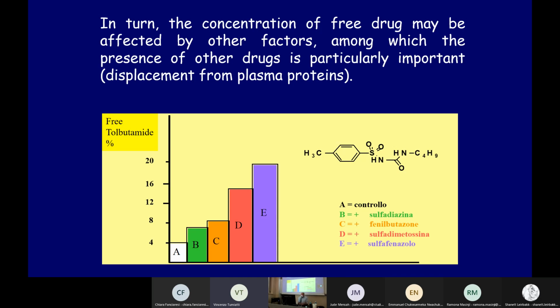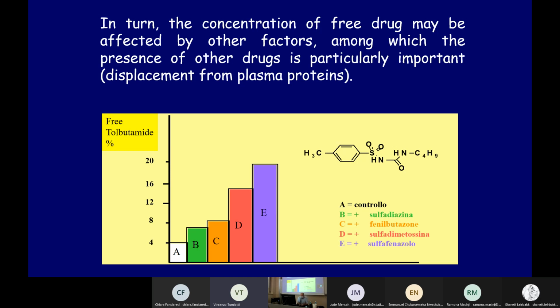In this picture, you have an example of the displacement of a drug called tolbutamide by sulfonamides, a class of antibacterial drugs.